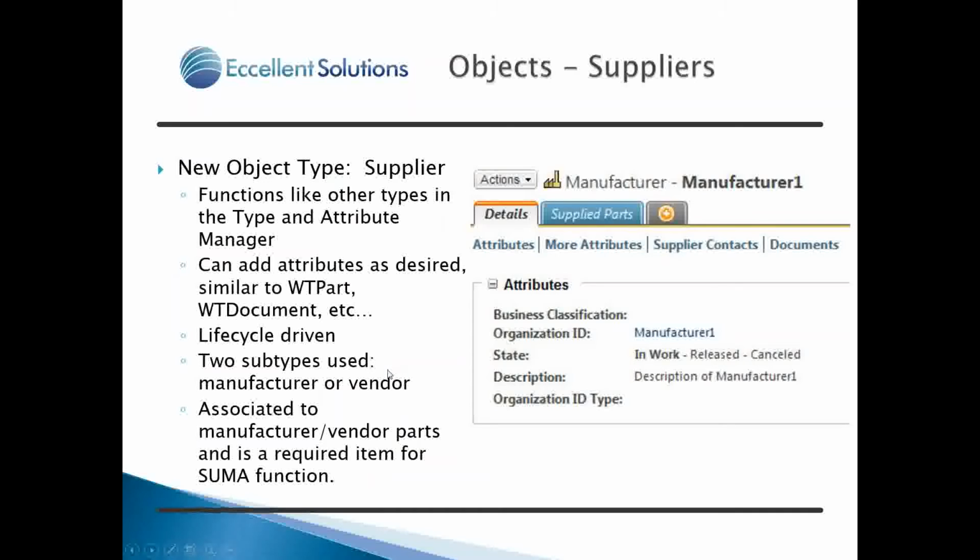These object types function like any other types in the Type and Attribute Manager. They're fully soft typable and attributable, just like a WT part or a WT document would be.